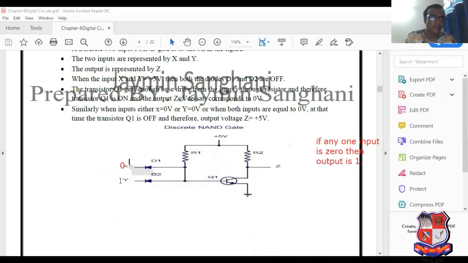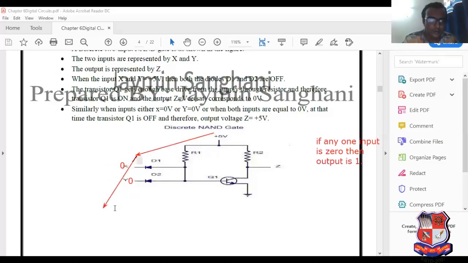The fundamental rule is that if 0 volt is applied to the N side of the diode, then the diode acts as forward biased. Here 5 volts positive will be there, here 0, so the diode will be forward biased, and all the current will flow through this diode only, and through the diode it is connected to ground.